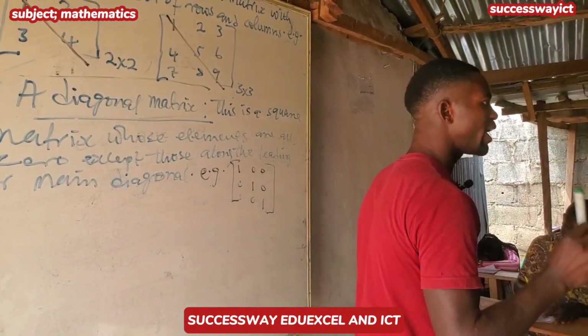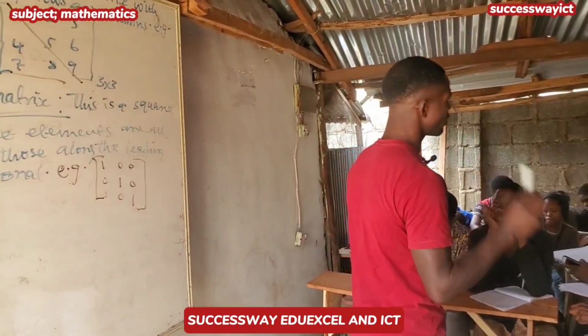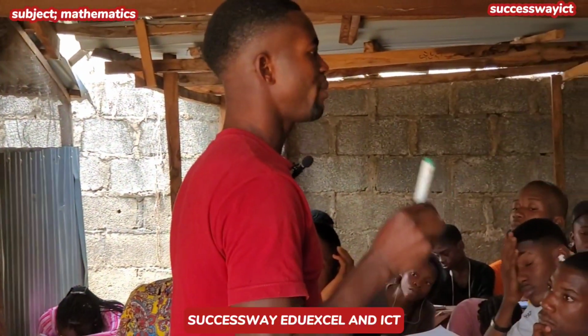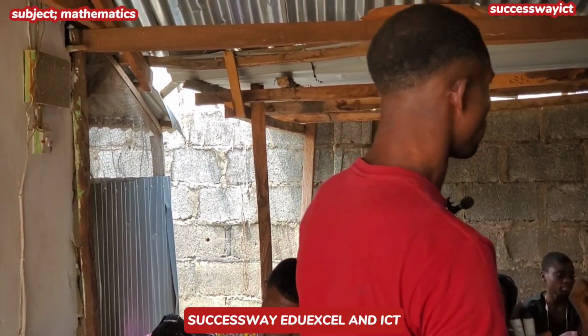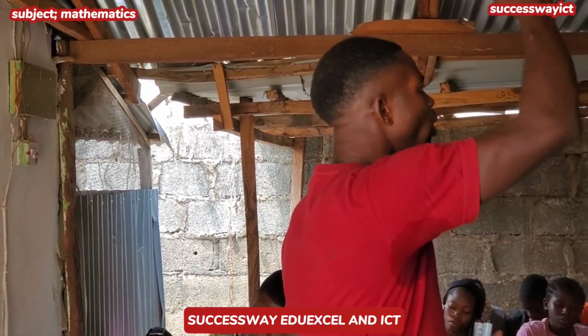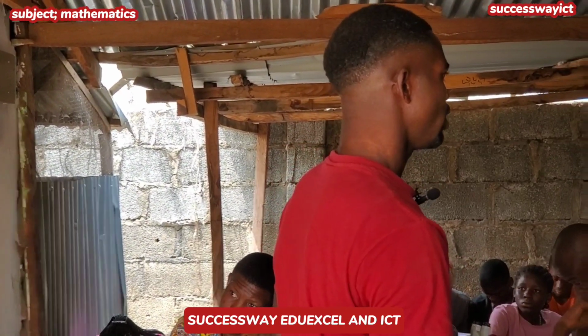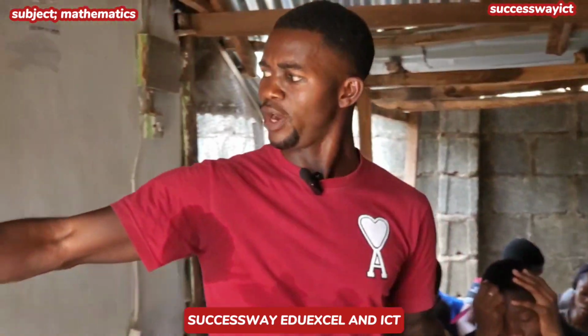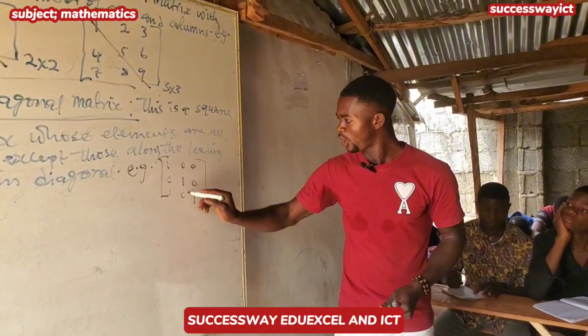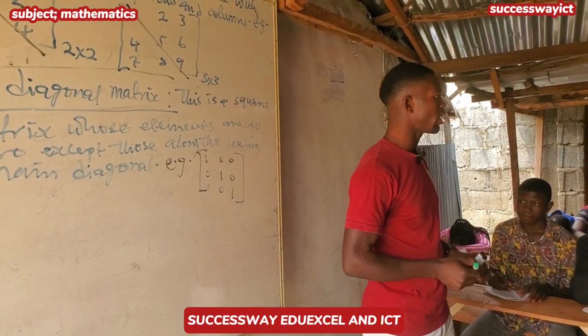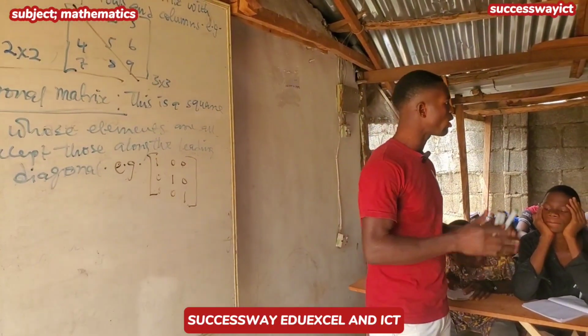I was trying to explain a diagonal matrix. That a matrix is said to be diagonal when all the elements are zero except the one on the leading diagonal. If you look at the example I gave here, all the elements here are zero. But if you watch the leading diagonal, they are not zero. Exactly now. But the rest of the elements are what?